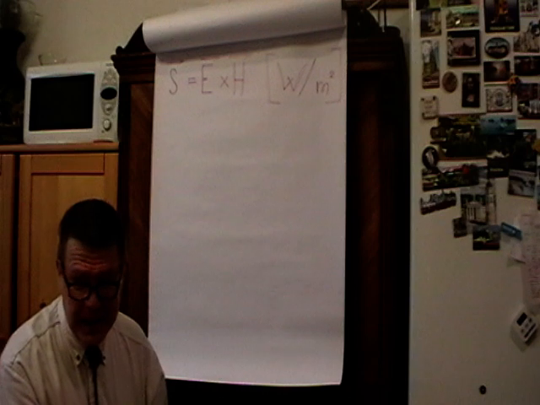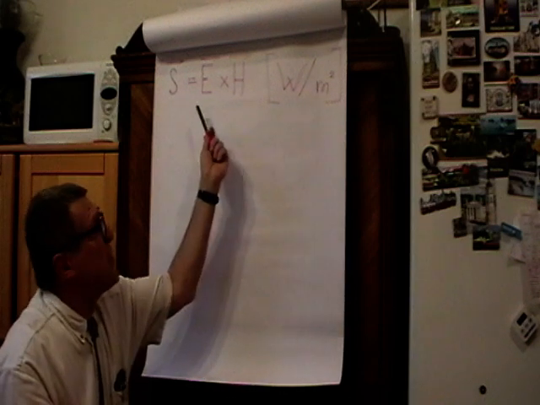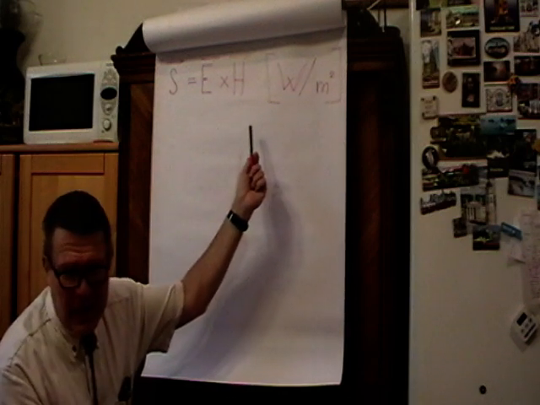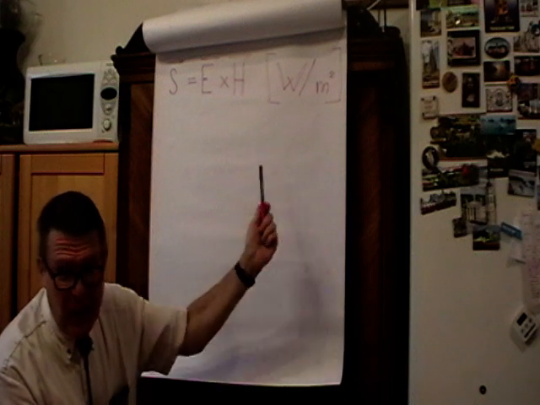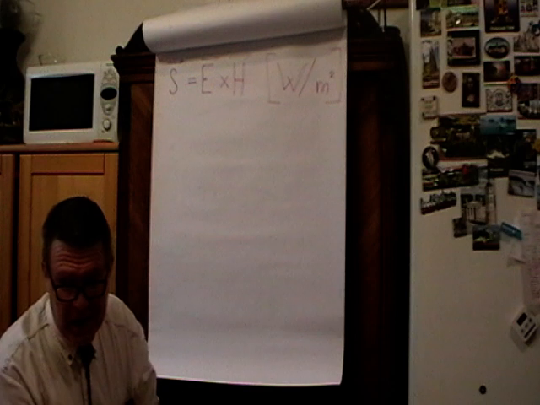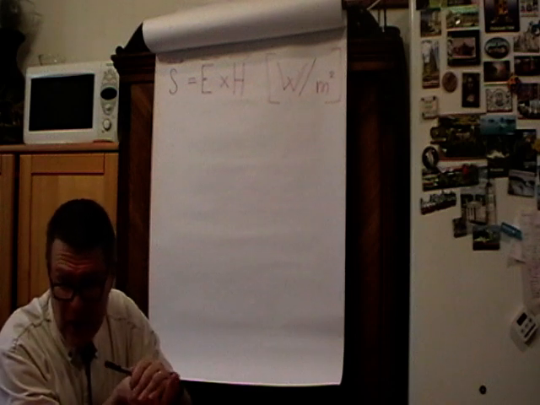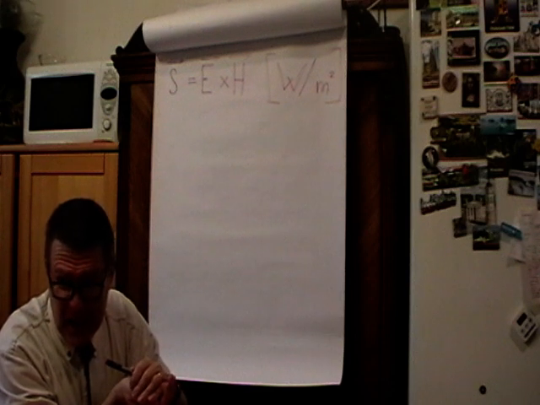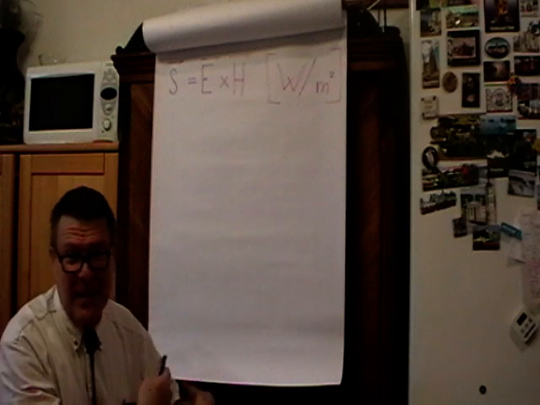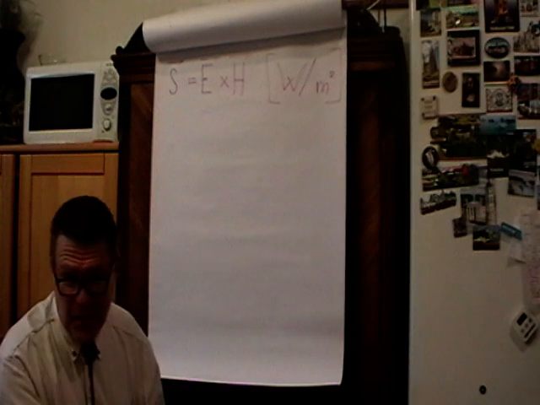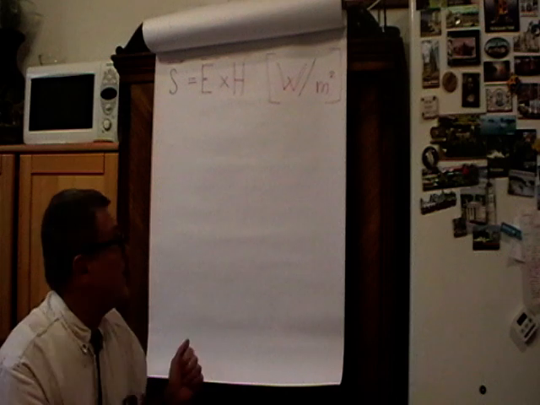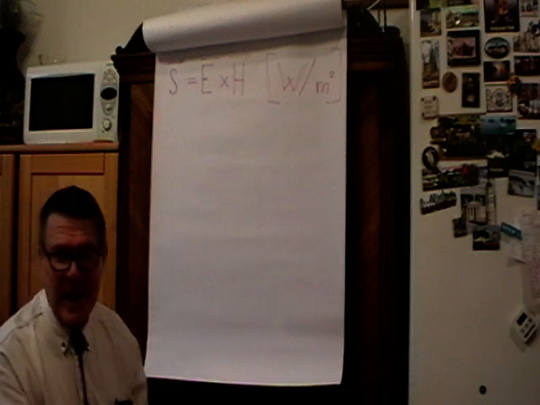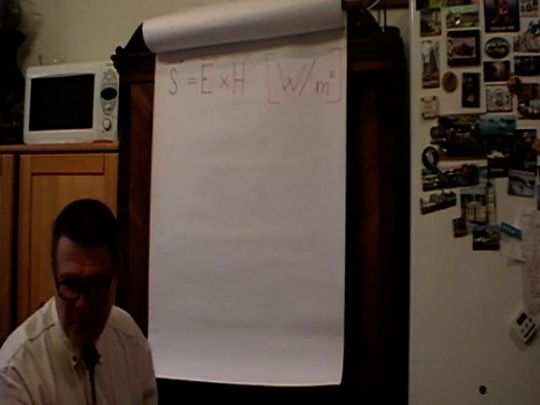So if the electric field and magnetic field are both created by one source, that could be one battery that feeds the circuit, for example, or one antenna that radiates power, then you get a power transmission.